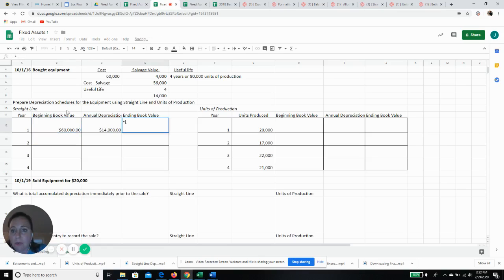So my ending book value, there we go. My ending book value is 46,000, and my beginning book value for year 2 is 46,000.